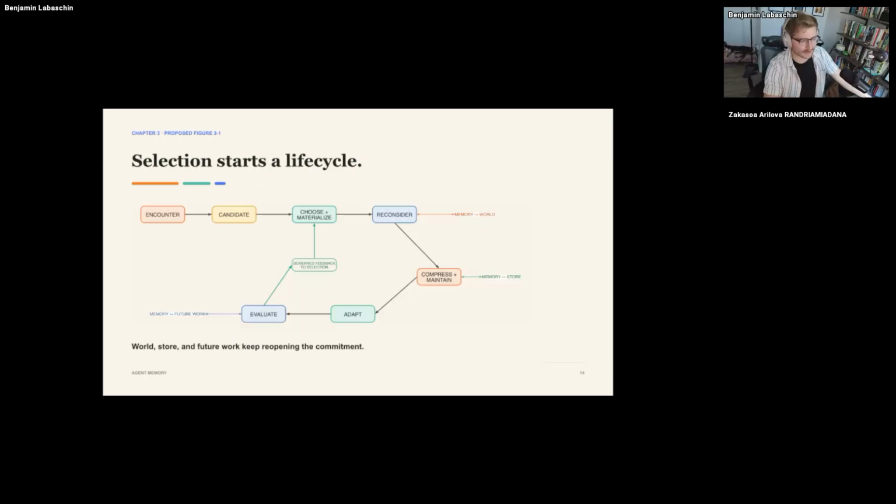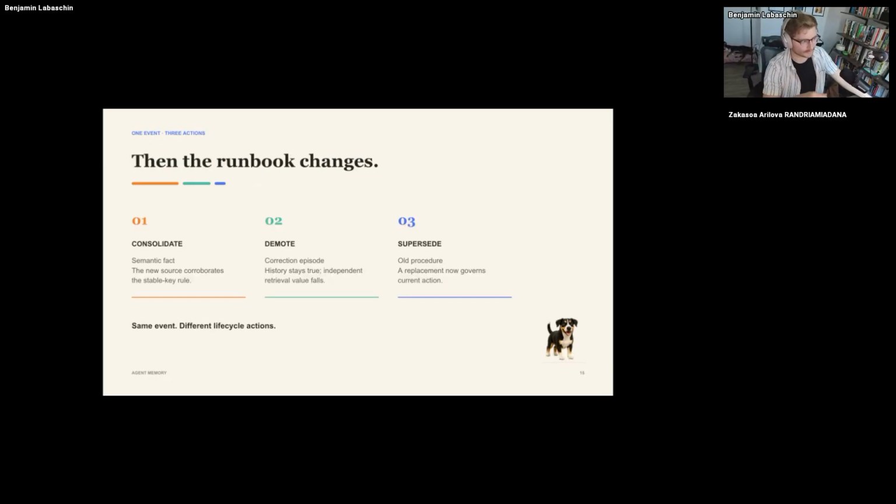This is part of that life cycle that I'm talking about. And we can call those consolidations, demotions, or being able to supersede the memory based on different events. All of these need to be built into your agent memory system in order to properly maintain an organizational agent memory operation at a professional company.